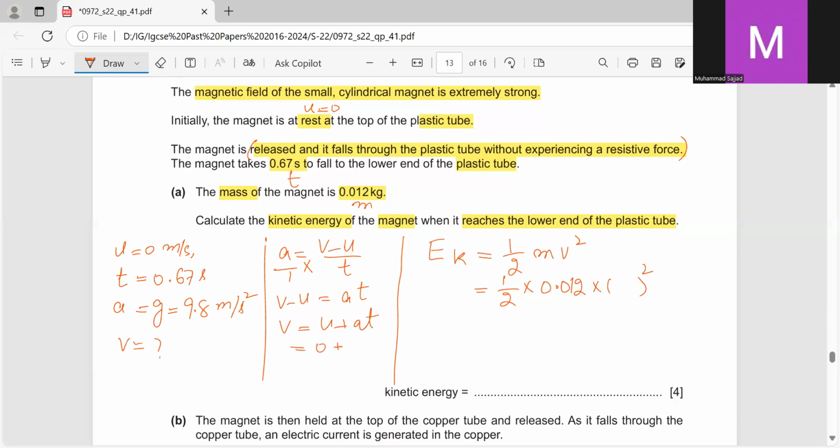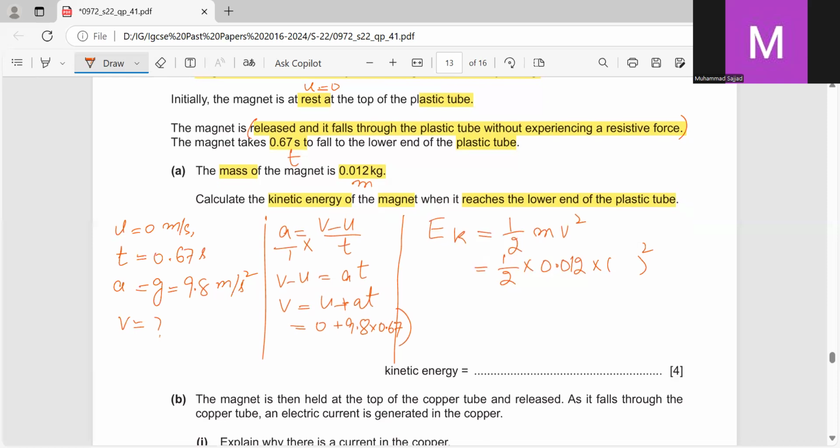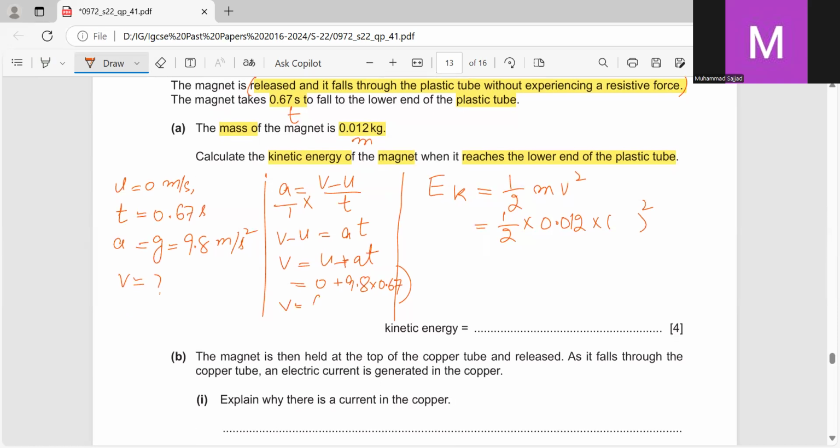u is 0. a is equal to g, which is 9.8. t is 0.67. So, my dear friends, 9.8 times 0.67 is 6.566. So what is the speed? Final speed 6.566. So we can write 6.6 meters per second. Now we can do it.